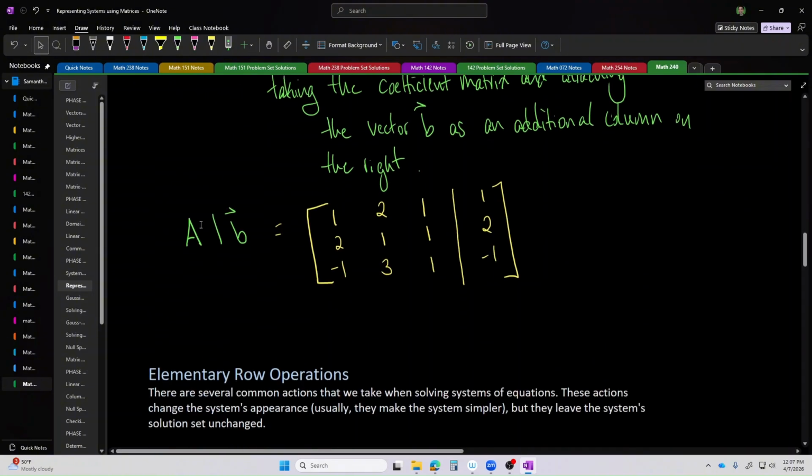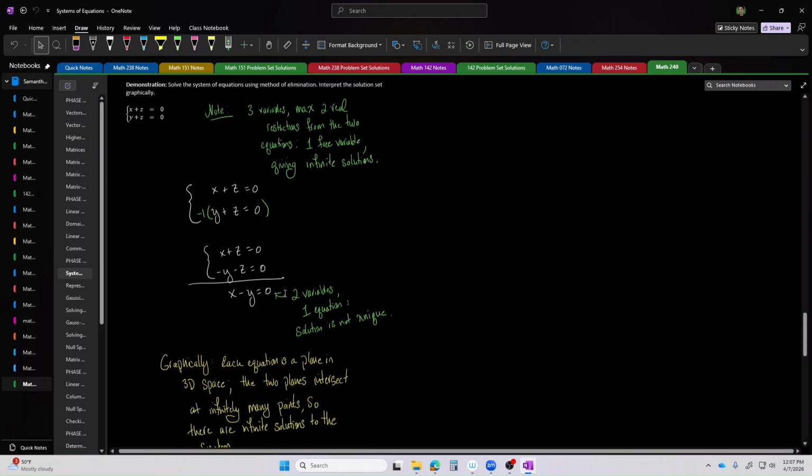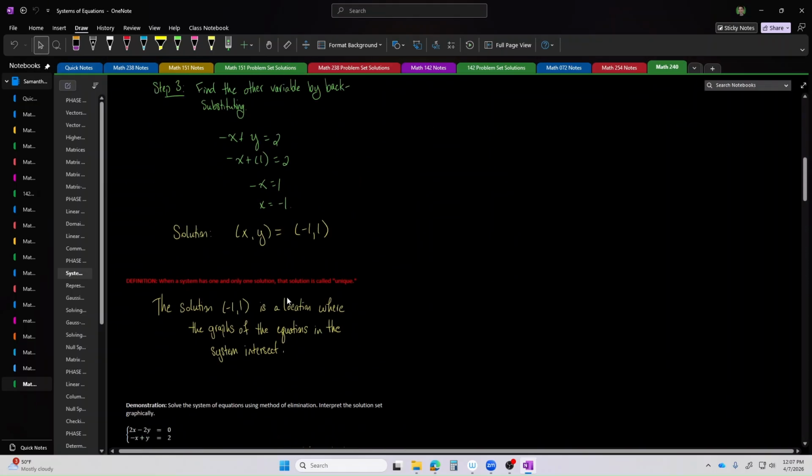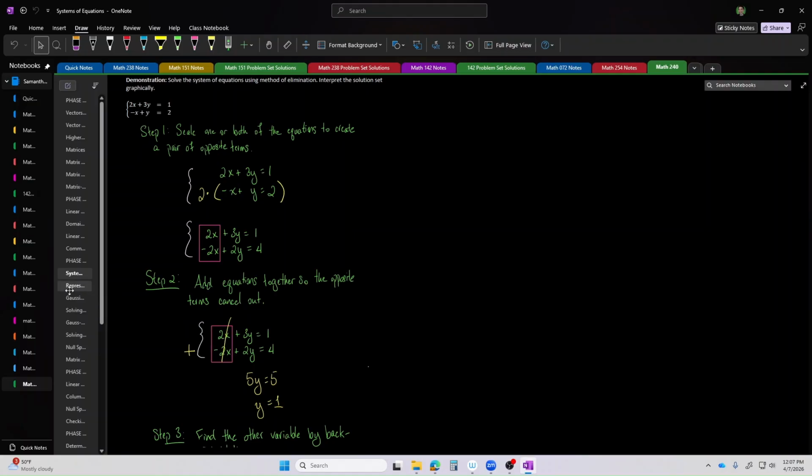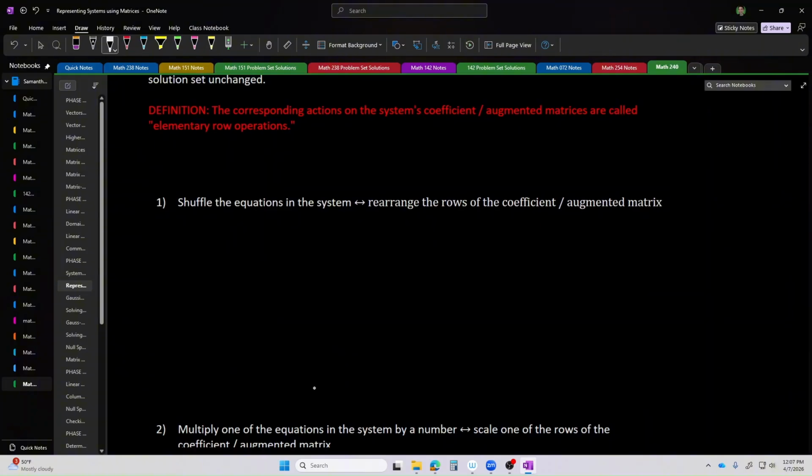Let's talk about how some of the actions that we took in the previous lesson when solving these systems show up in the augmented matrix for the system of equations. When we're solving a system of equations, one of the actions that we might take is just to take the equations in the system and rearrange them, like shuffle them around.